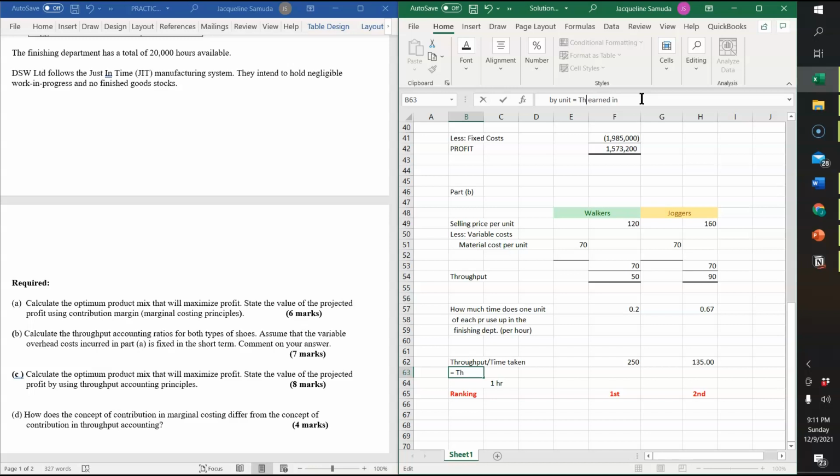So what we have here in this last row is the throughput earned in 1 hour. Now look at this again. This is interesting. The walkers still earn the most throughput. The joggers earn a lower throughput in 1 hour in the finishing department, which is what this row is all about. So what it means, therefore, we're not dealing with the ranking right now.